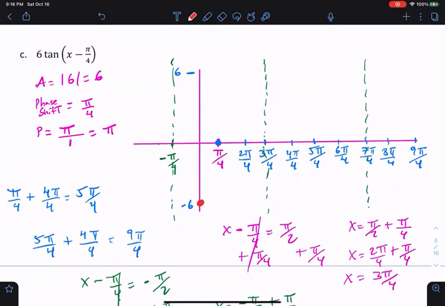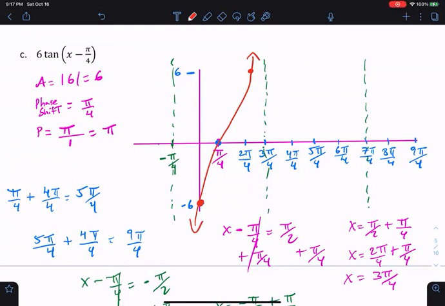And then at pi over 4, that's tangent of 0, which is 0, right? And then if you plug in pi over 2, you get tangent of pi over 4, and you know that's 1, but because it's a stretch, it's going to be a 6. So this is the behavior of the graph, something like this.